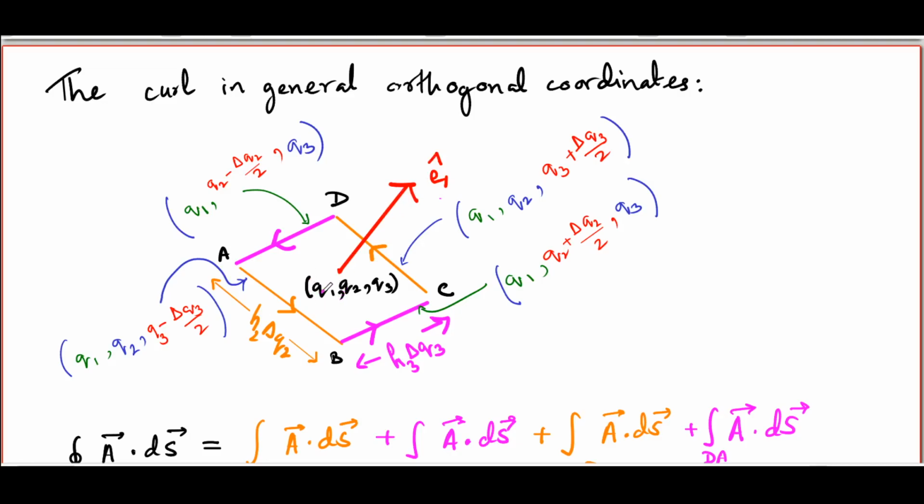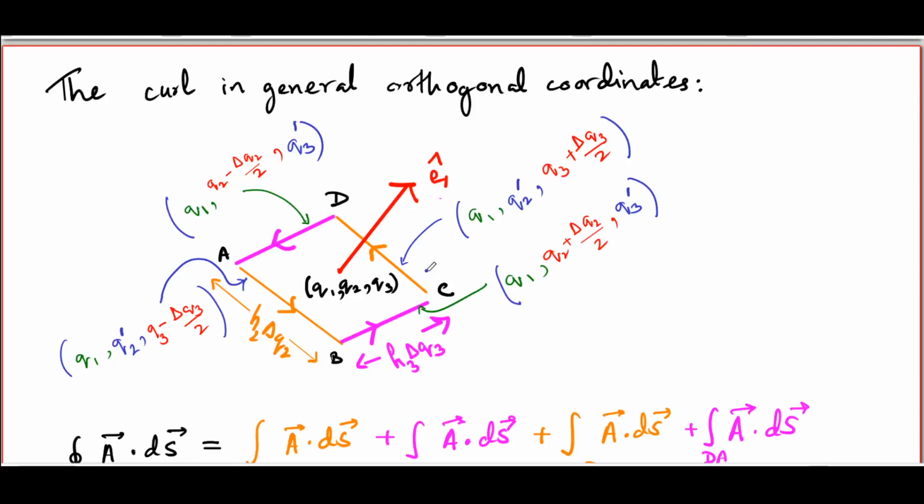So this is the point q1, q2, q3 at which we are trying to find the curl, and what we are going to do is to consider going around in a loop A, B, C, D and back to A, and just for simplicity we are going to take the loop which is as easy as possible to describe using q2 and q3 coordinates alone.